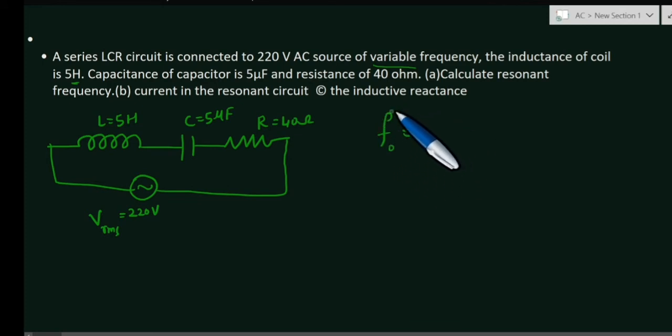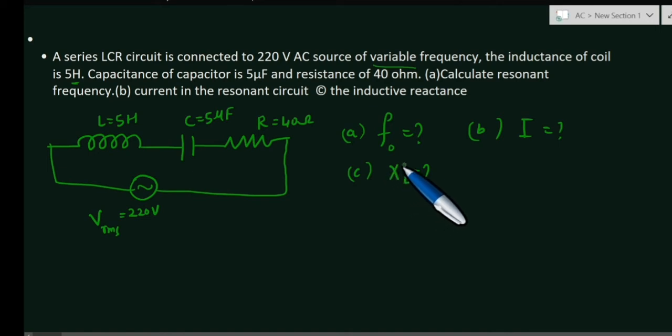Resonant frequency, that is the first one. And second, what is the current in the resonant circuit? And later they are asking for the value of inductive reactance, that is the XL value.